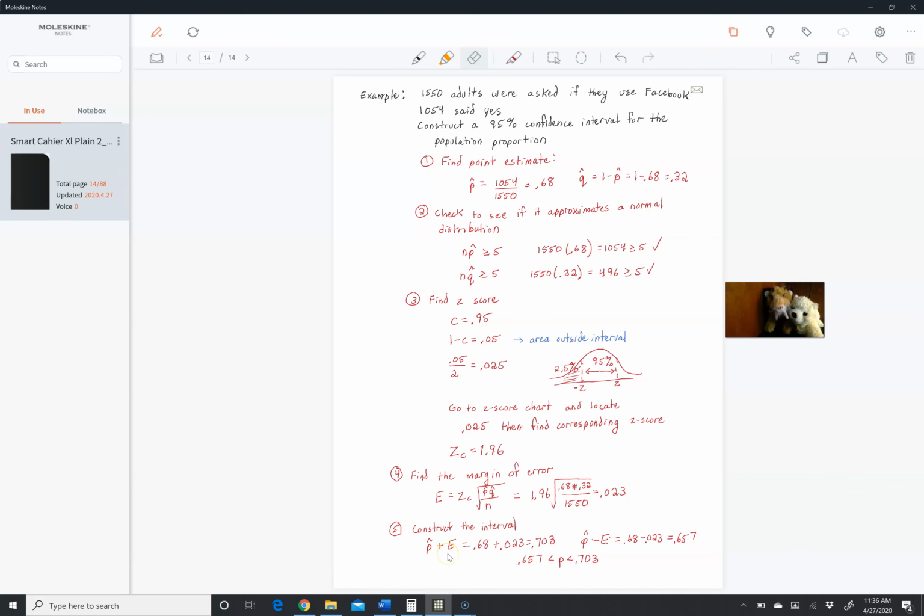What this tells us is it's very unlikely that the population proportion is 68%. There's a 95% chance that it falls between 65.7 and 70.3%. We're creating an estimate, and then saying it's going to fall within this interval.